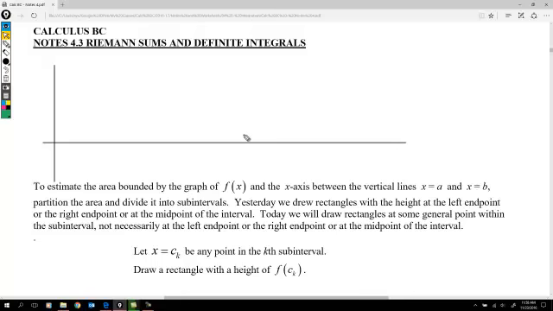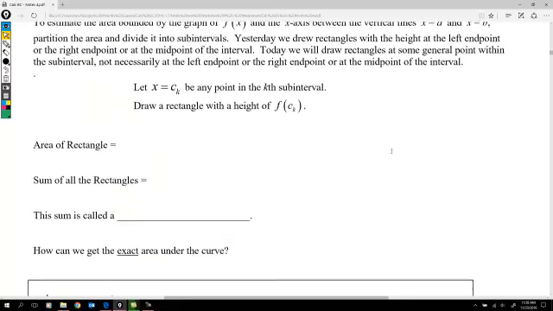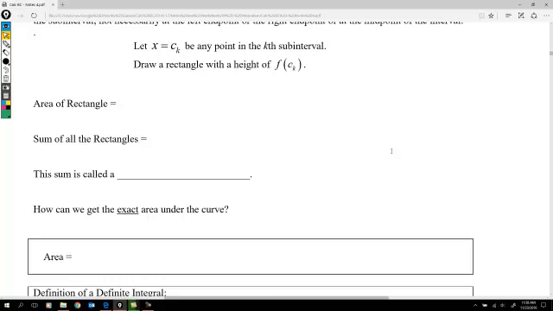So we can do that by using a definite integral. So here's what we know. We know that the area of a rectangle is, well, I'm going to write it in a specific way. I'm going to say that f of c sub k times delta x is the area of my rectangle. Now this is written a little bit weird.